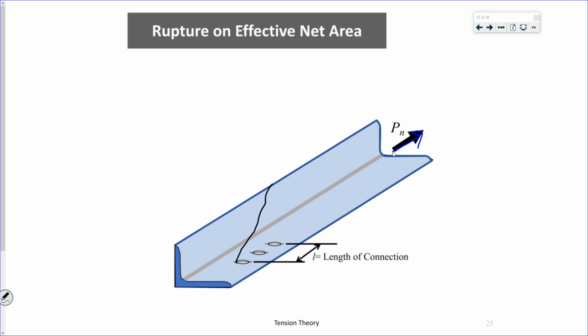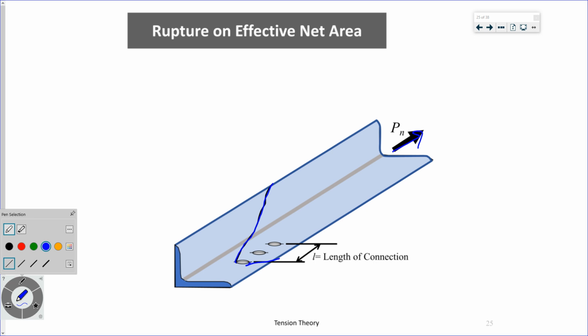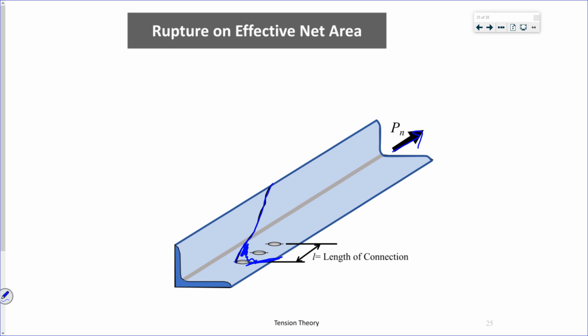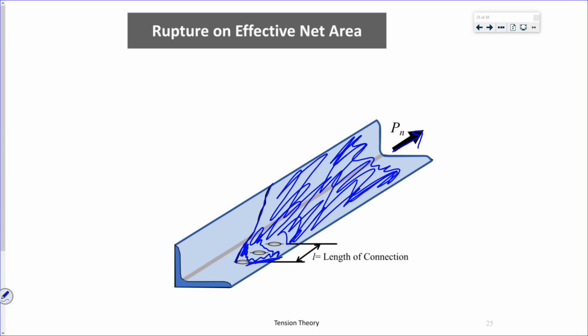So that means that only, if I draw it from the other side too, the only things that I'm coloring in are resisting that force, due to shear lag. I'm drawing that 30° from that last bolt hole.